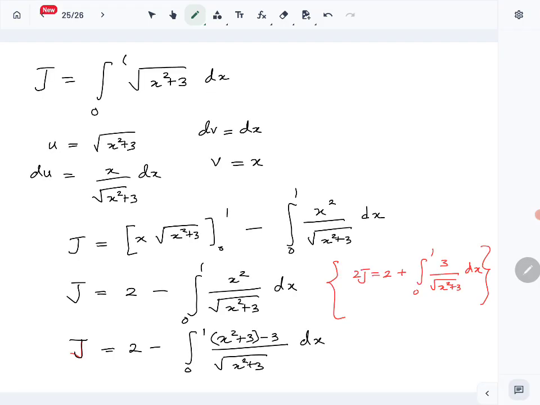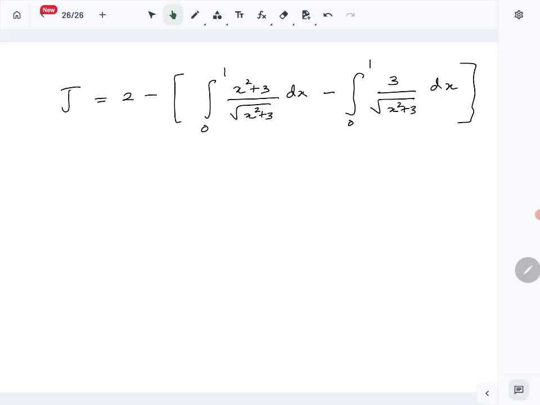And remember, we want this integral and another j. So here we created that integral, and when we simplify this, you will see this is going to be j, right? So let's simplify. 2 minus the integral from 0 to 1, and here what happens?